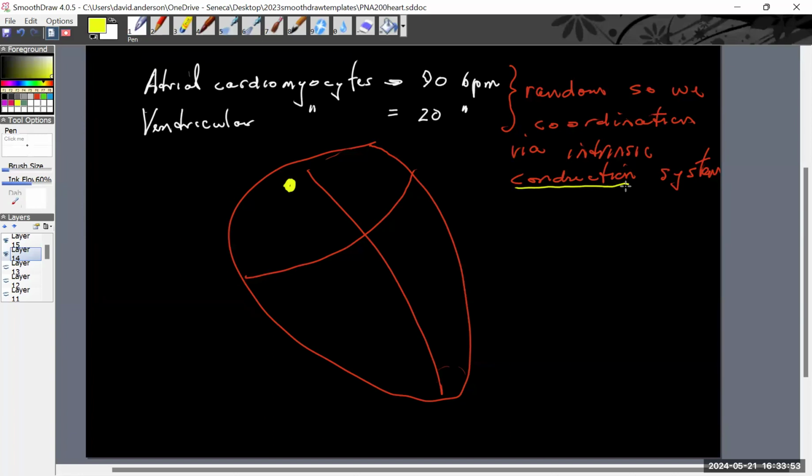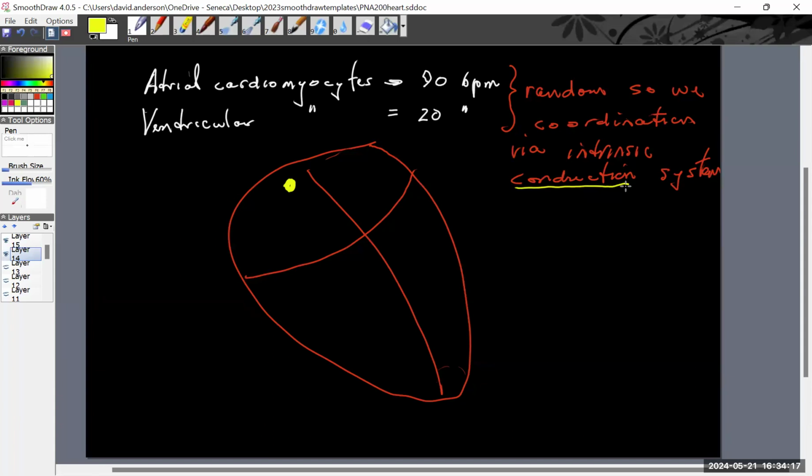So a small percentage of cardiac muscle cells in the heart wall are described as being conductive cardiac muscle cells as opposed to contractile. The contractile ones are the ones we spent all that time talking about, with gap junctions and desmosomes and creating a functional syncytium.